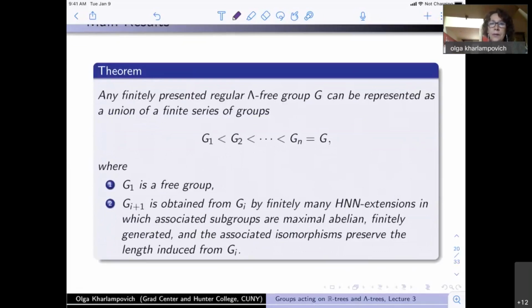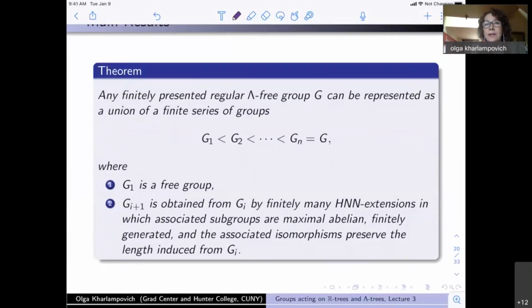So this is a sort of if and only if theorem, with necessary and sufficient conditions, which I mentioned. This is our theorem with Alexei Myasnikov and Denis Serbin.